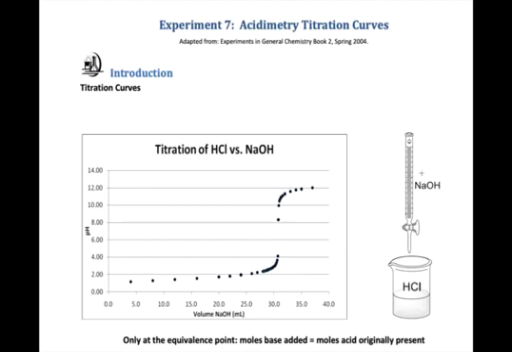So there's a lot of flexibility in how we arrange what's in the beaker and what's in the burette. For our particular example, we're going to be using a strong base in the burette and some kind of acid that we're titrating in the beaker.